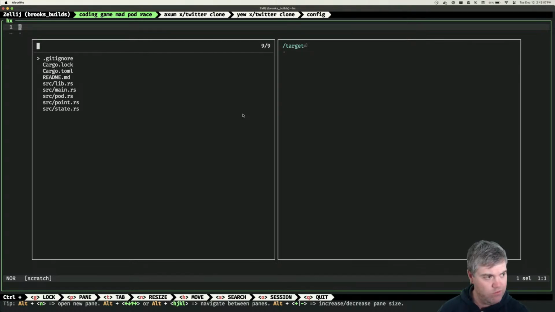Where will this live? We have our pod, we have a point, and we have the state. The pod maybe needs to calculate the angle.